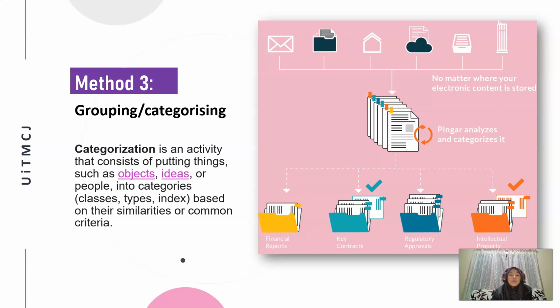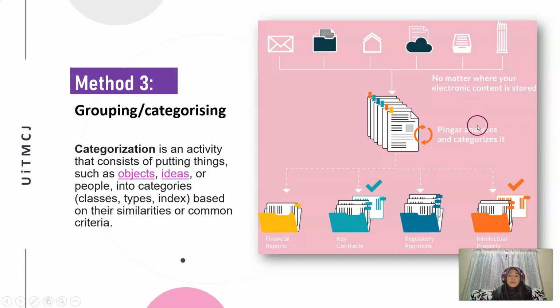If you look at the diagram here, at the top are the electronic documents or content, which are stored in various platforms. For example, your electronic content stored in email, in folders, on the computer at home, in the cloud, at the office, and on the server.